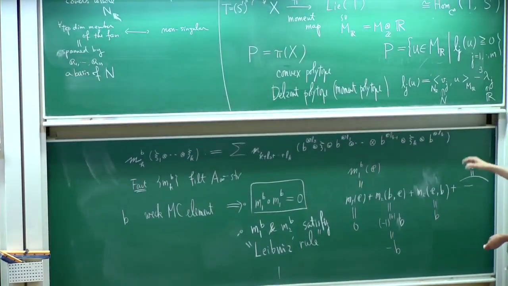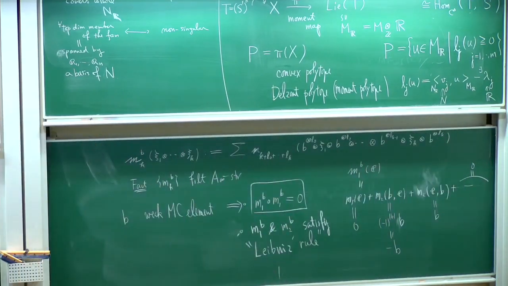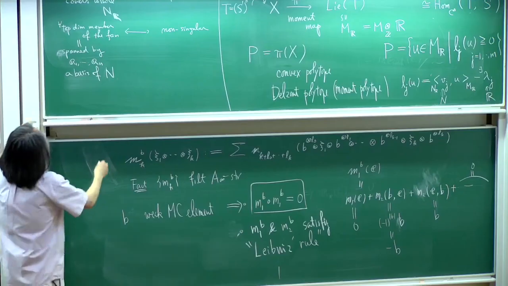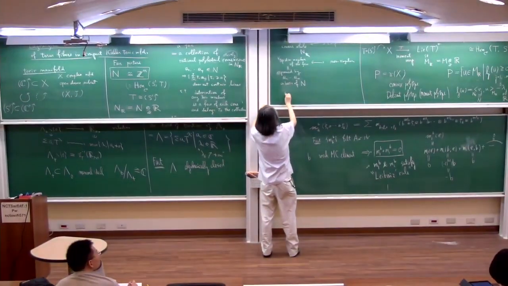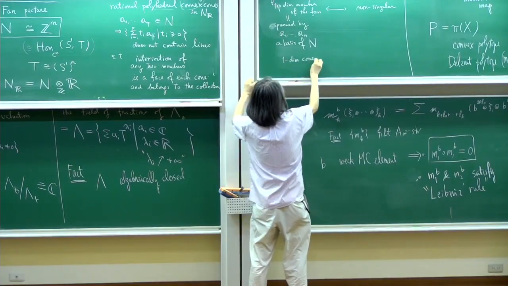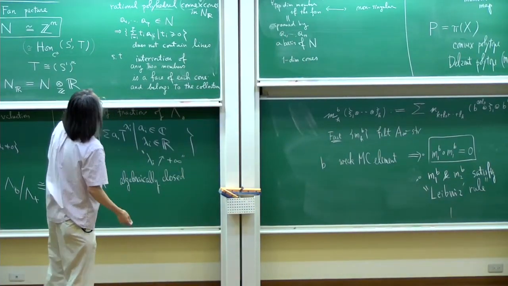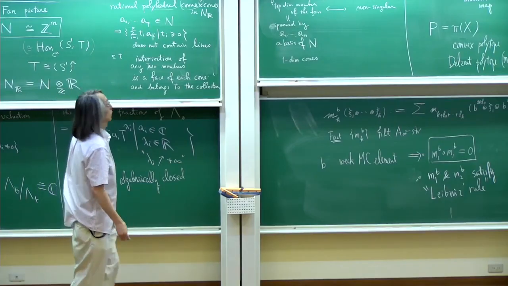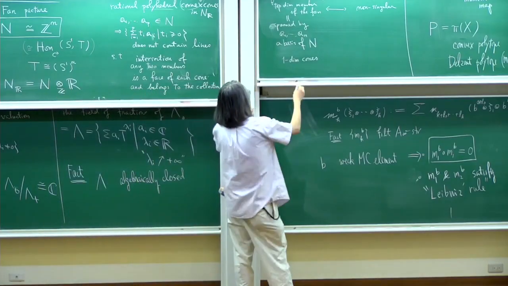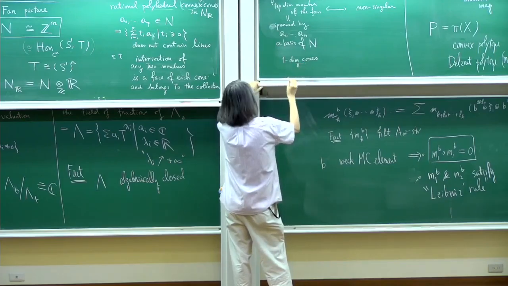And then this v_j and this fan picture are related as follows. In particular, here are some one-dimensional cones, right? So you have one-dimensional cones spanned by an integral vector, and each is actually spanned by a primitive vector.